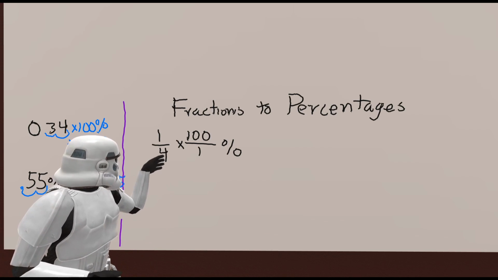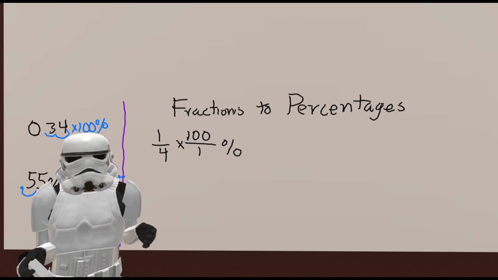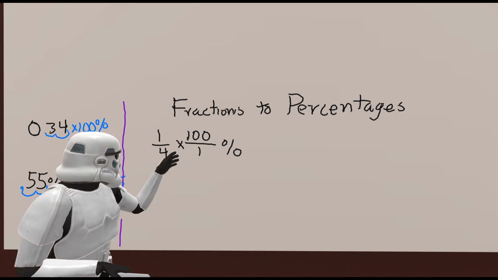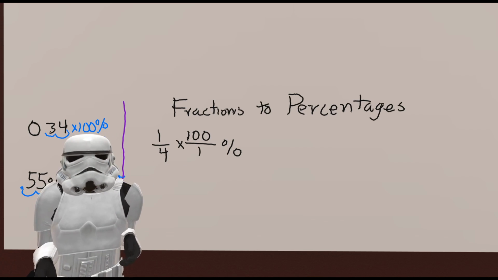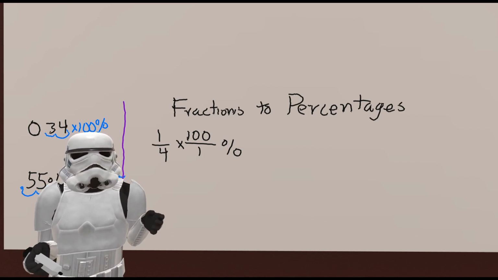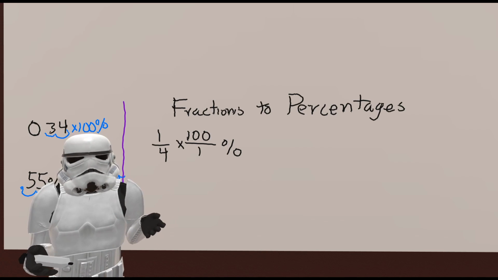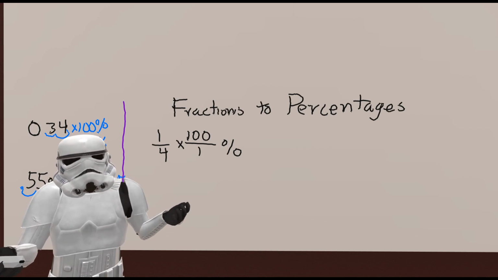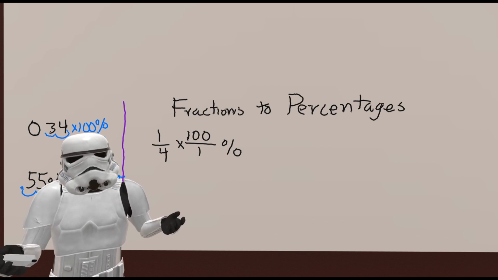Now, here we just have two fractions multiplied together. So what we can do is we can try to simplify this so that the bottom number, the denominator, just ends up being 1. So then we don't have to write it, and then we just get a nice percentage left over.